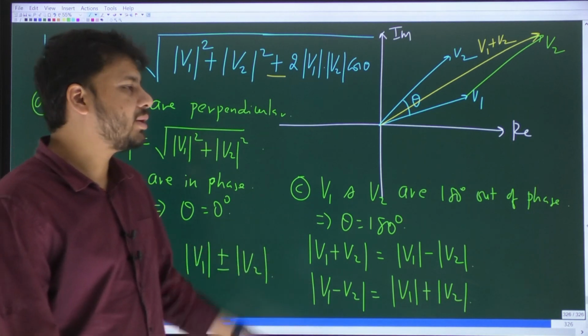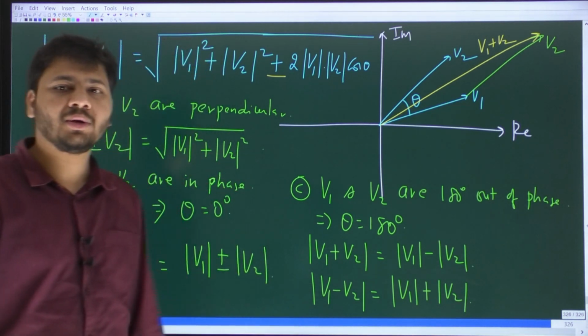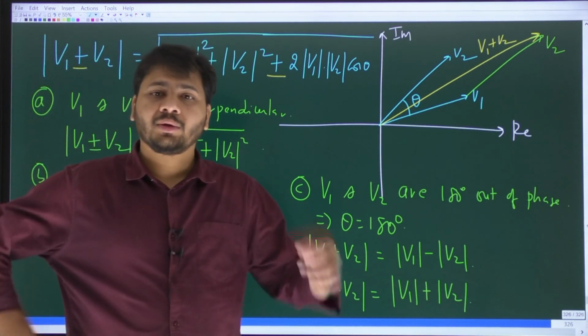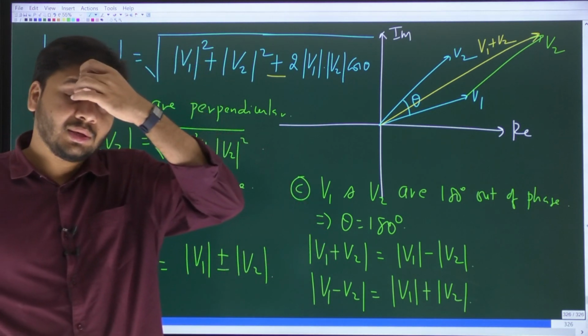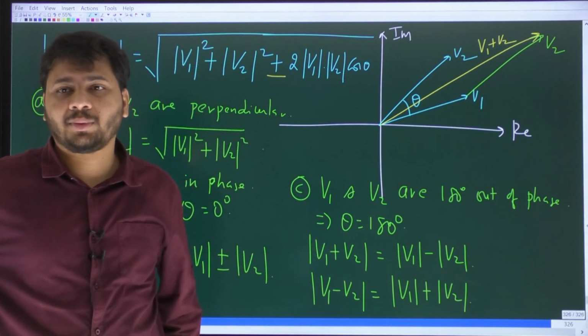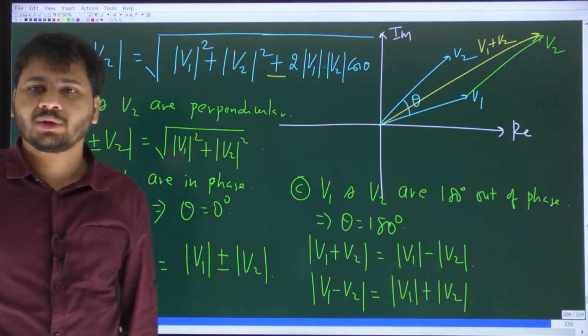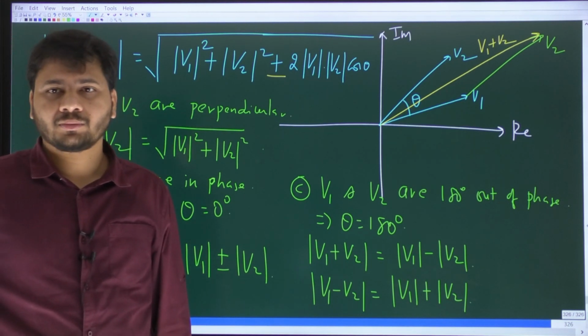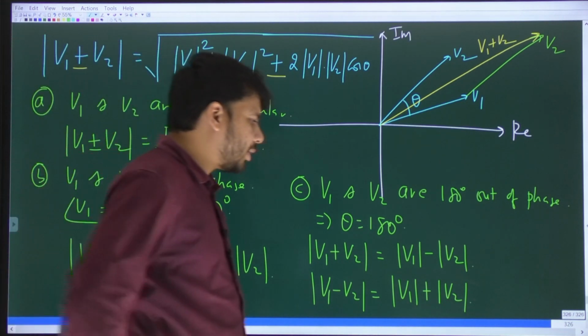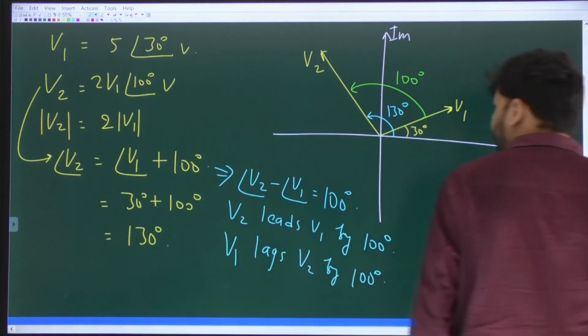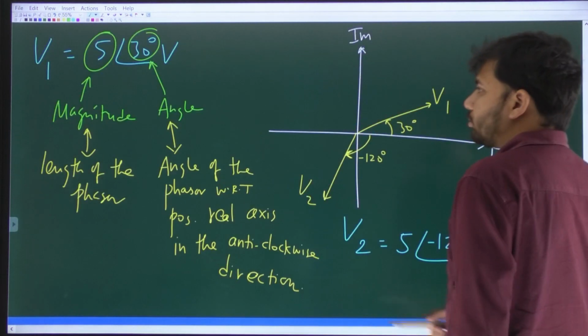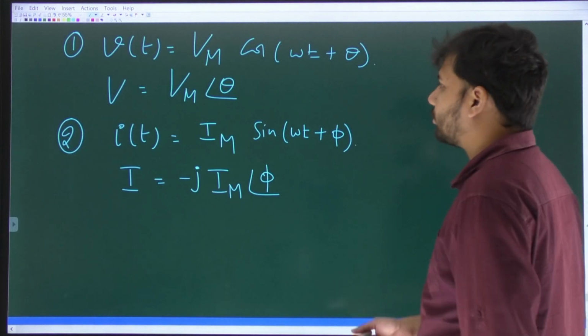So these are some basic things related to representation of phasor quantities on the complex plane so as to get the phasor diagram. Okay? But the most important results are these two.